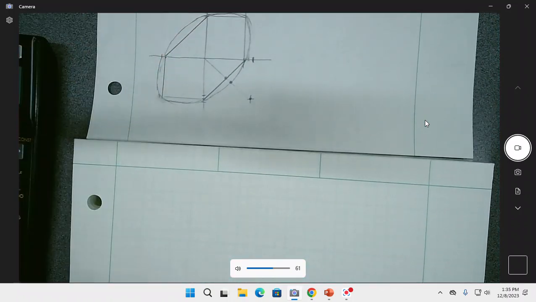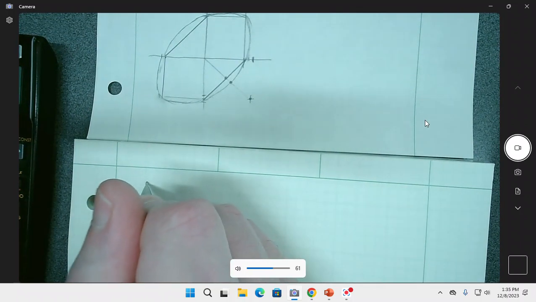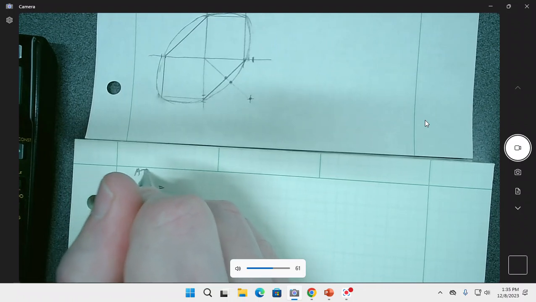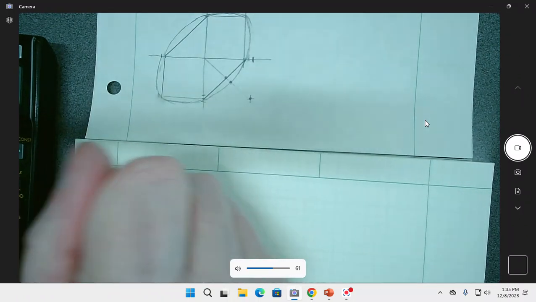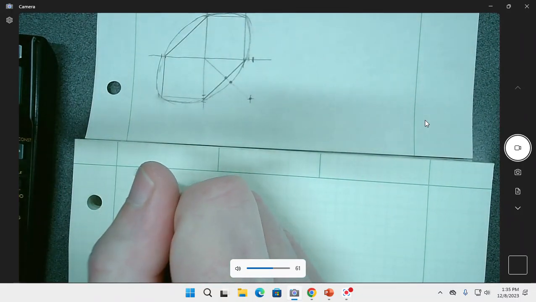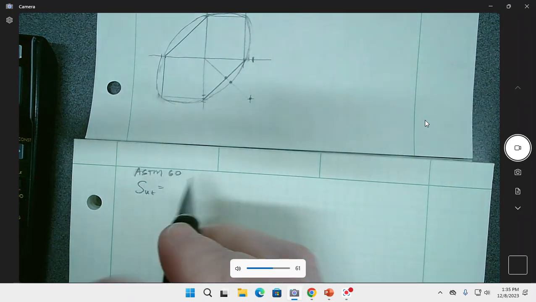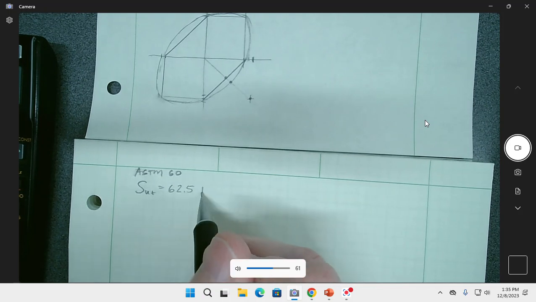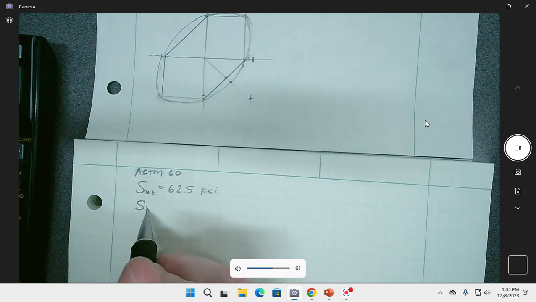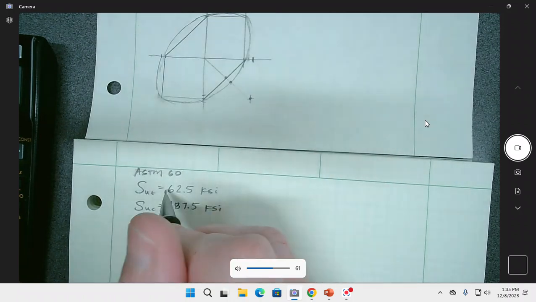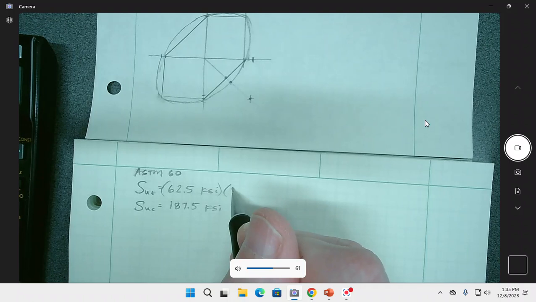All right, so this will be SUT of ASTM 60. It has a tensile strength of 62.5 KSI and a compressive ultimate strength of 187.5 KSI. And then if you multiply it by the, I just lost it, was it 6 point something?